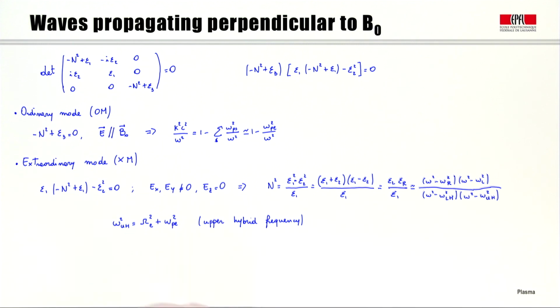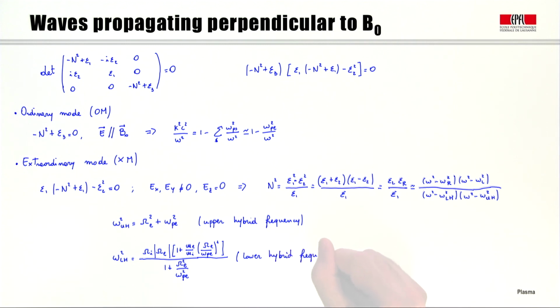We have also introduced omega LH, and this is equal to omega ci omega ce, times 1 plus me over mi, omega ce squared over omega pe squared, divided by 1 plus omega ce squared divided by omega pe squared. And this is what we have called lower hybrid frequency. This is the reason for having called it LH.